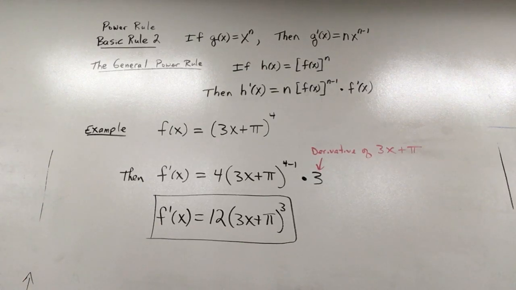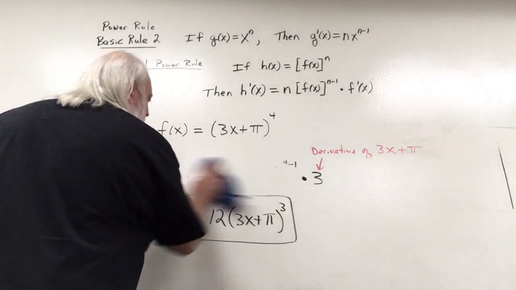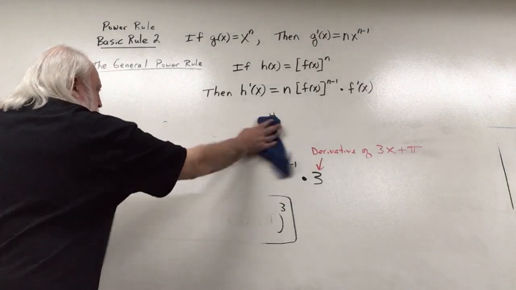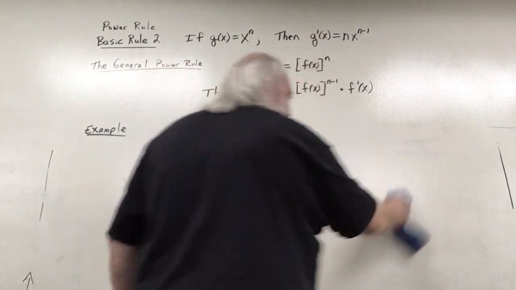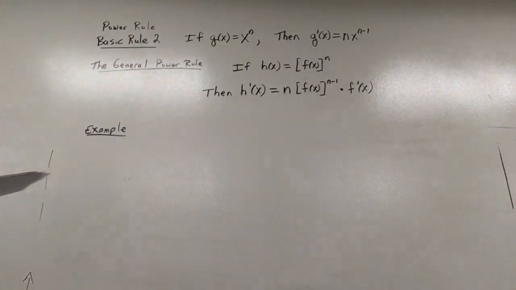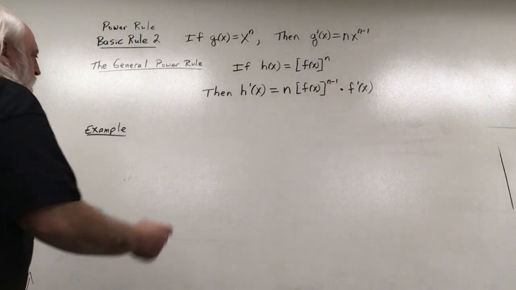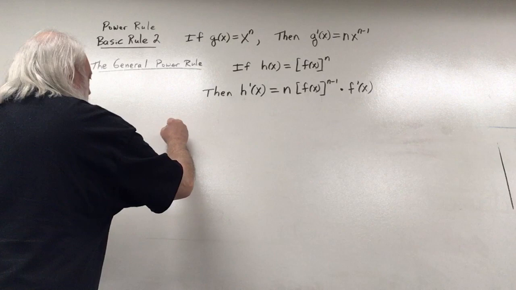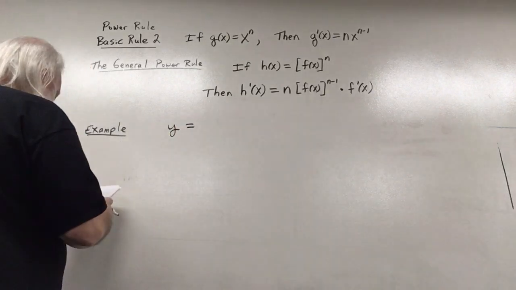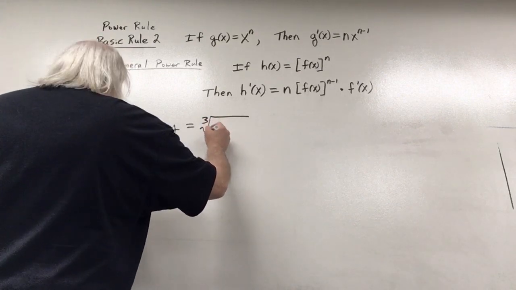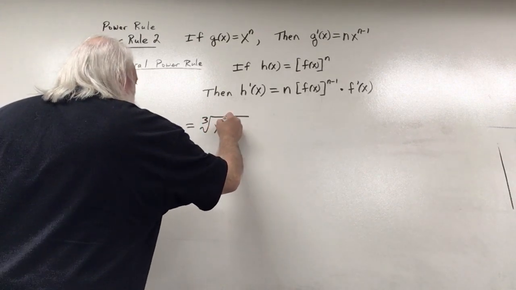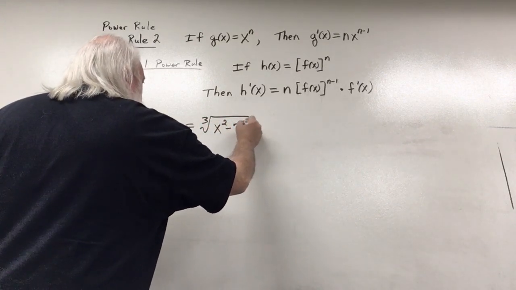In the next example, we have y is equal to the cube root of x squared minus 7x.